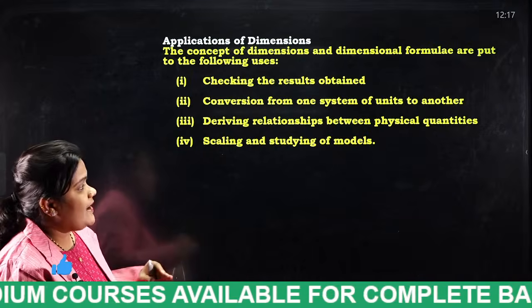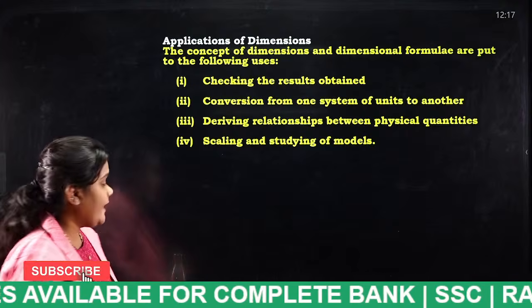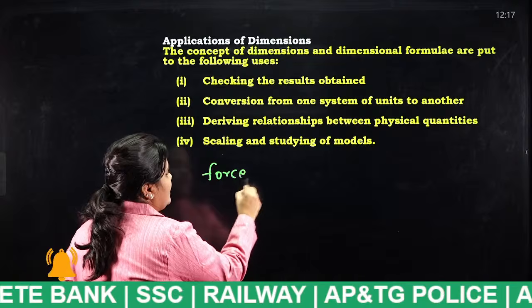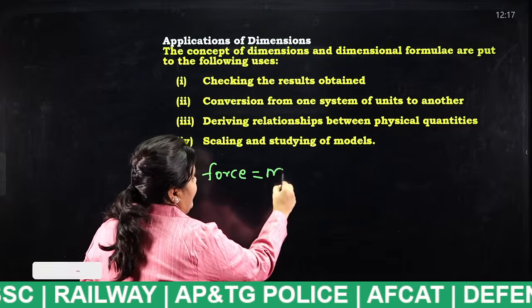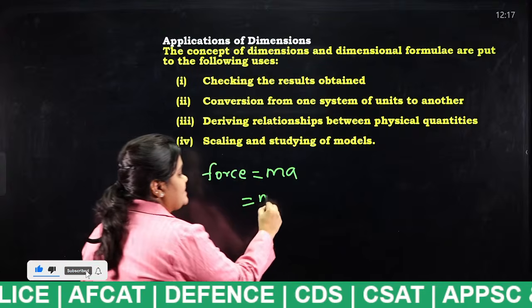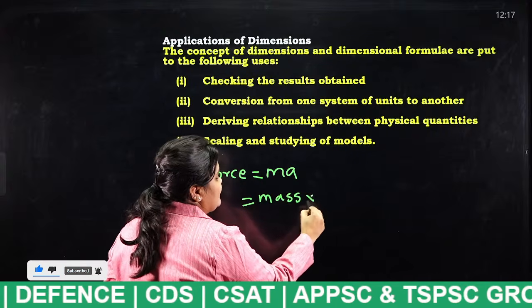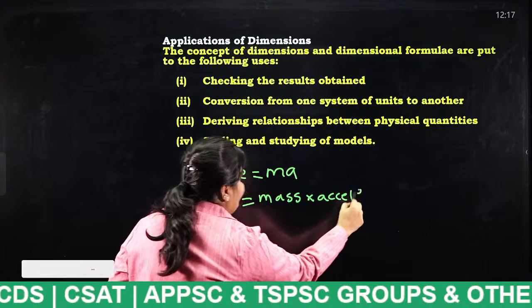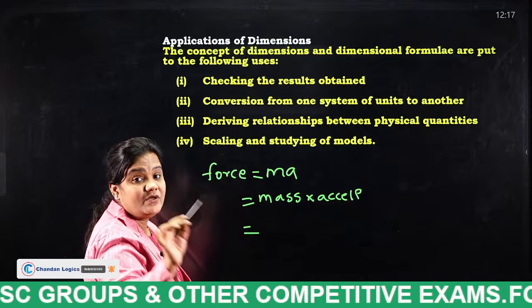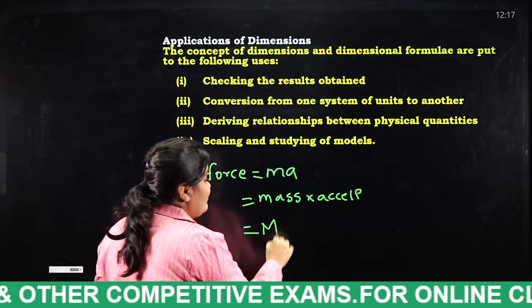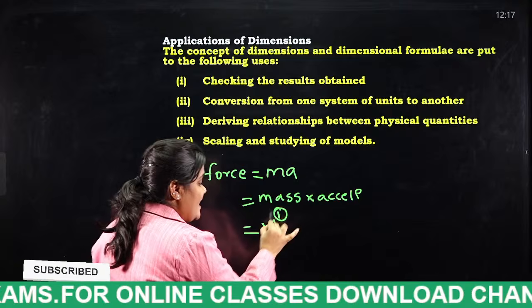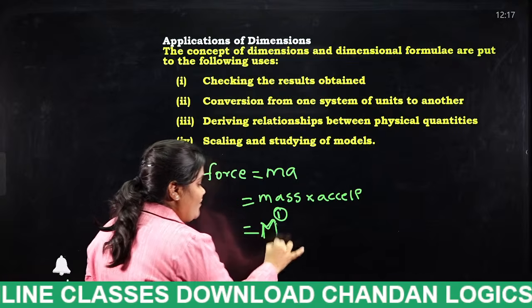For example, you know what force is: force is mass times acceleration, F = MA. In dimensional formula, mass is denoted by M, and the dimension is 1. So this is known as dimension and this is known as dimensional formula.